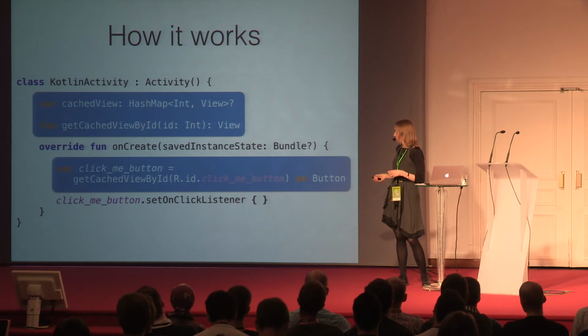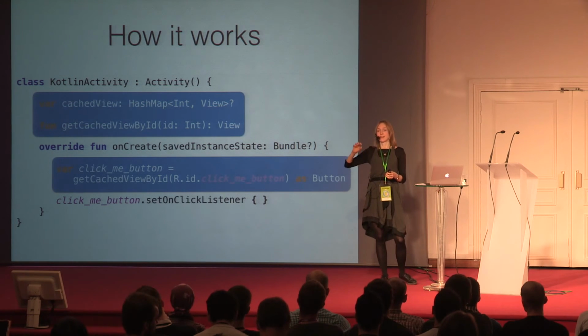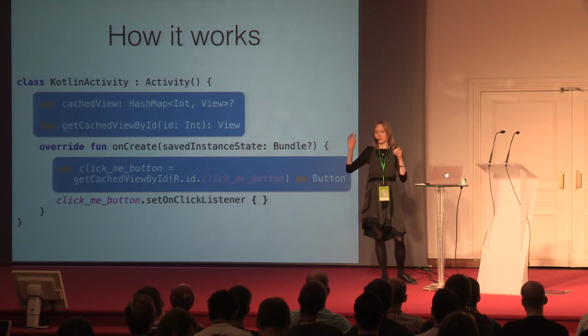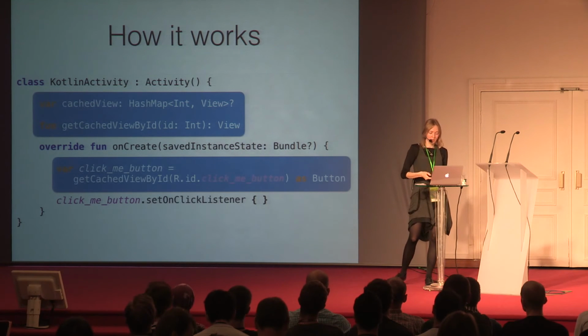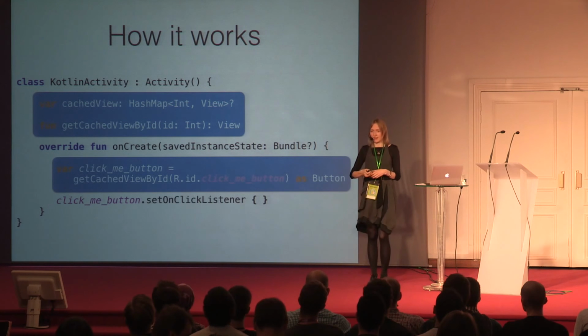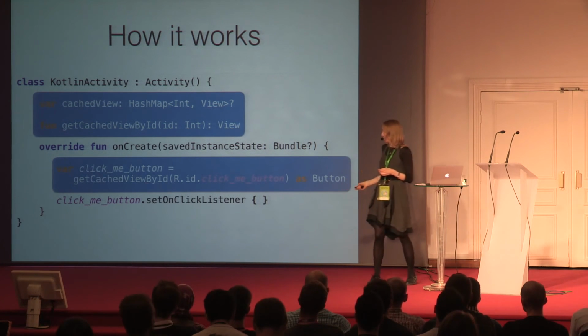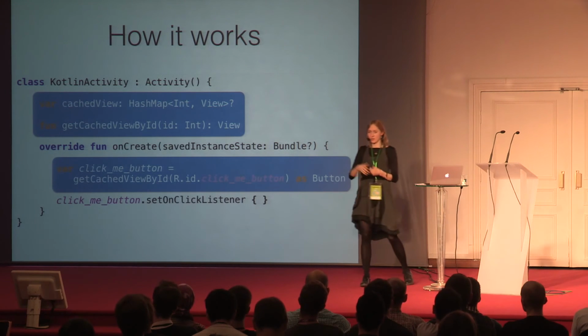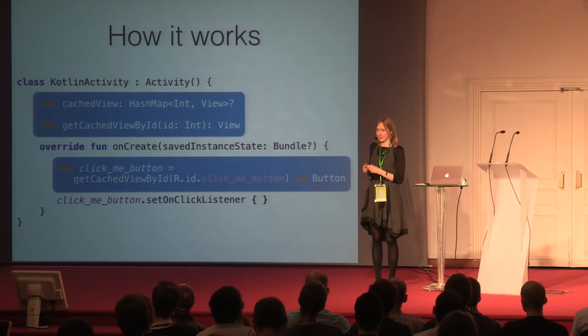On each invocation, the access for this function is generated beneath. So this code in blue is what is implicitly added to your Kotlin activity when you use this feature. Actually, this variable, click me button, is not created, but it is inlined. So this code becomes just cached view by ID and set on click listener, but for the purpose of presentation we are okay with this idea.